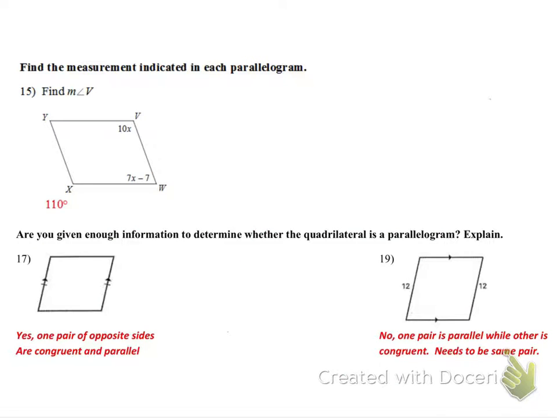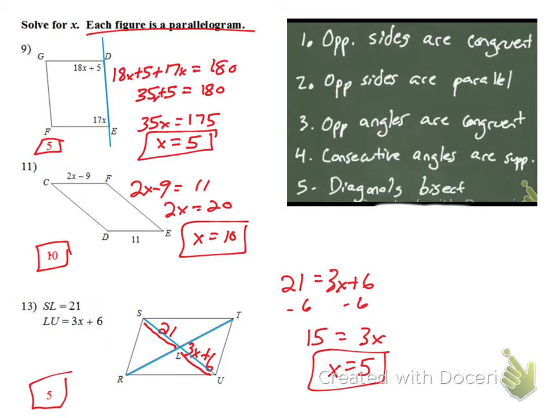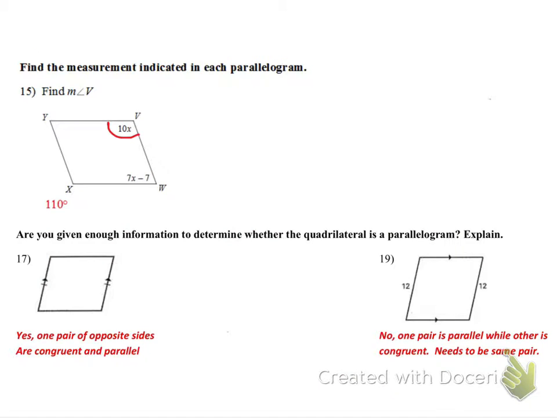All right, find the measurement indicated in each parallelogram. So we've got to find measure V. So we're looking for this. So this is just like what we did before on this page with these rules, except now we need to plug it back in once we find x. So I know that these two angles are on this line here, which means it's 180. So I'm going to add 10x plus 7x minus 7. Set that equal to 180.